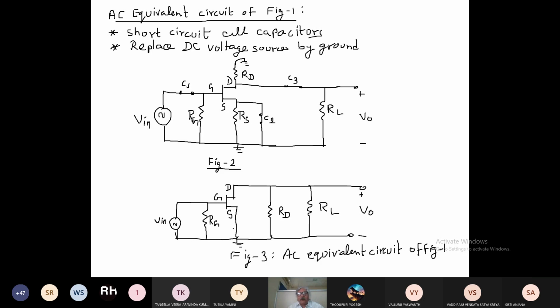We will draw the JFET model of this circuit. Now here one thing I want to remind you. For taking the output we have connected RL. But sometimes if you do not connect RL, then across RD, the drain resistance, you can also take the output. But here we have connected RL.